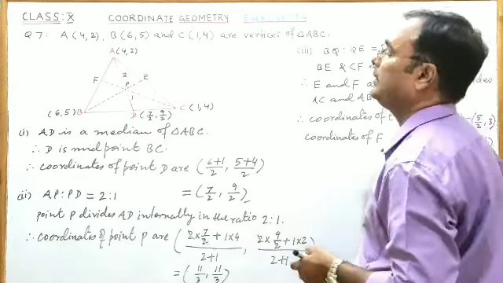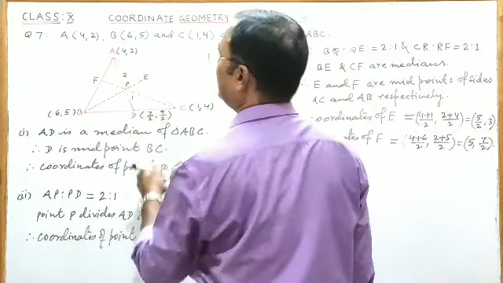Now we shall find the coordinates of a point Q on the median BE, which divides it in the ratio of 2:1.